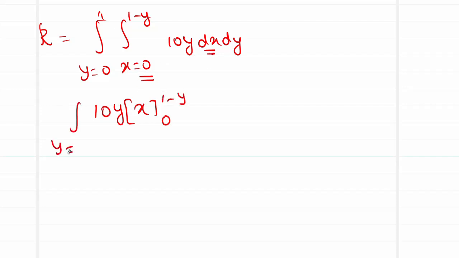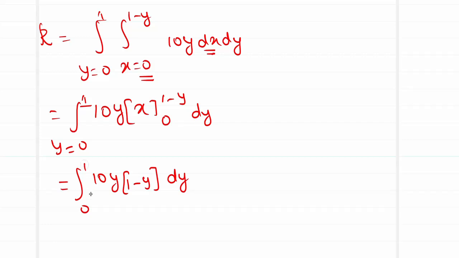We still have to carry out the integration between 0 and 1 with respect to dy. So this gives 10y times (1 minus y) dy, integrated between 0 and 1. The integral of y is y squared by 2, and the integral of minus y squared is minus y cubed by 3. The limits to be applied are from 0 to 1.